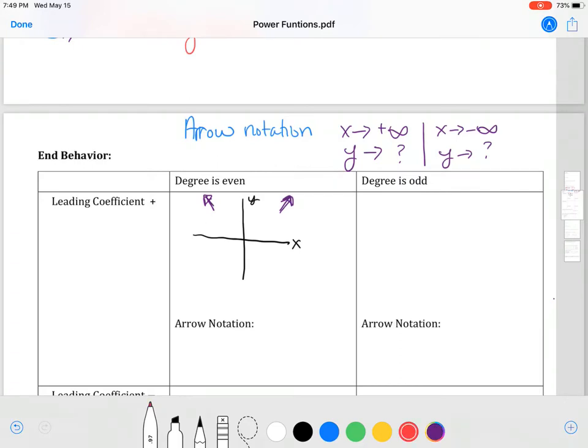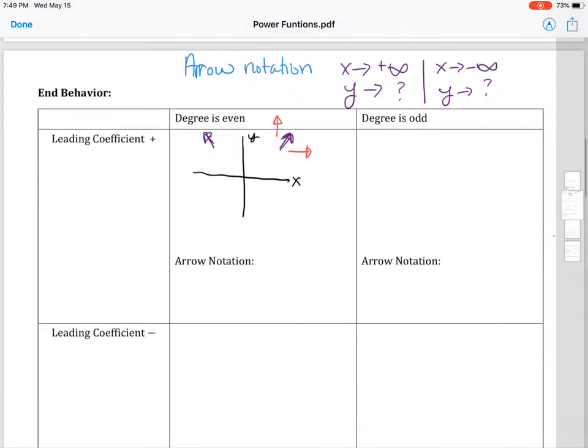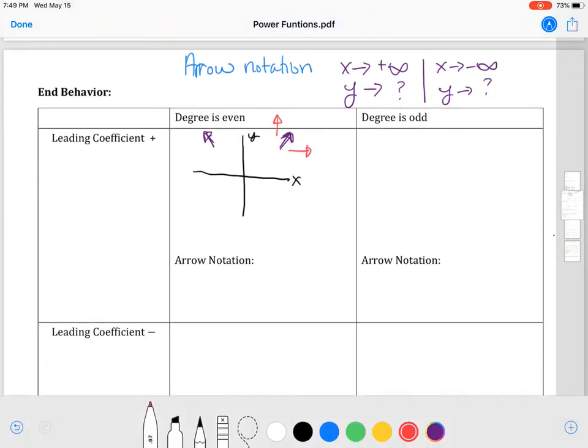Now this arrow here in the first quadrant tells me I'm going to go to the right and up forever. So when I write down my arrow notation, I would say, as x goes to positive infinity, y is going to positive infinity because it's going up.